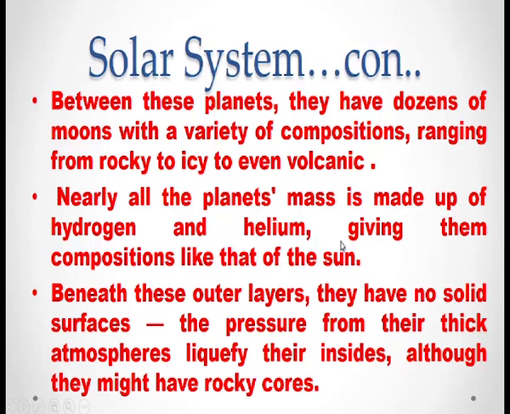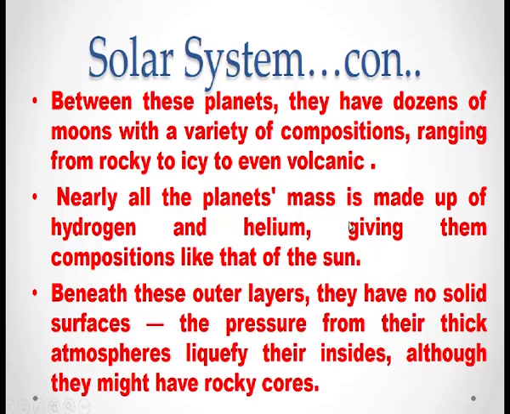Nearly all the planets' mass is made up of hydrogen and helium, giving them a composition like that of the Sun. The outer planets' mass is made up of hydrogen and helium because the outer planets are bigger, giant worlds. Their outer layer is full of gas. Those gases are nothing but hydrogen and helium.